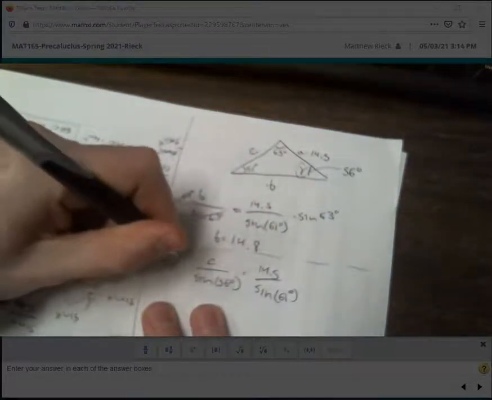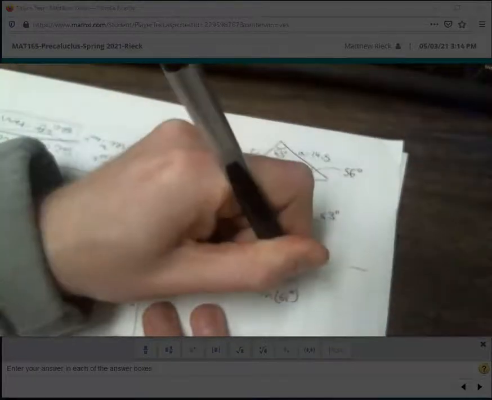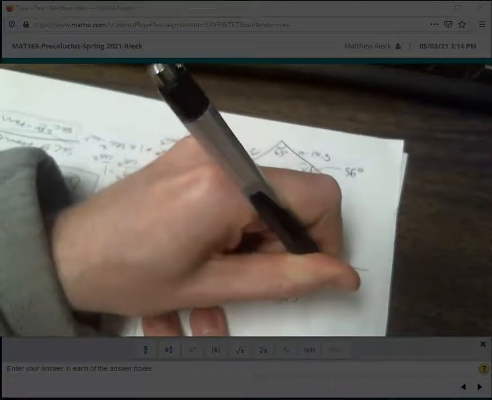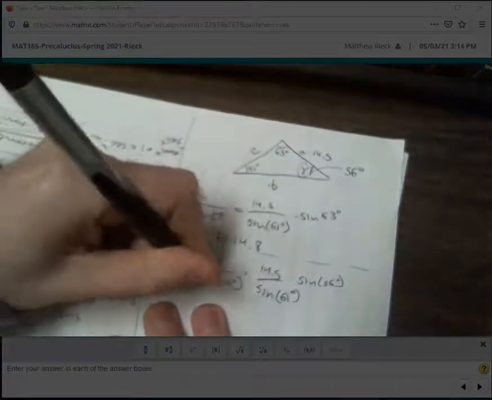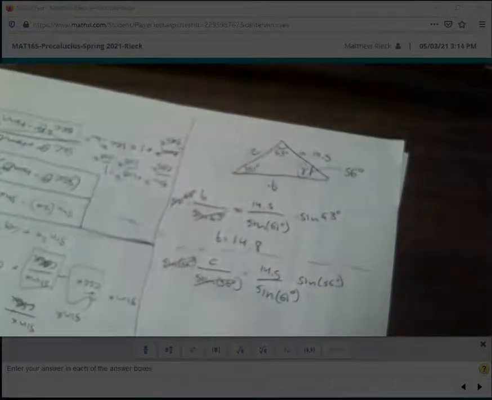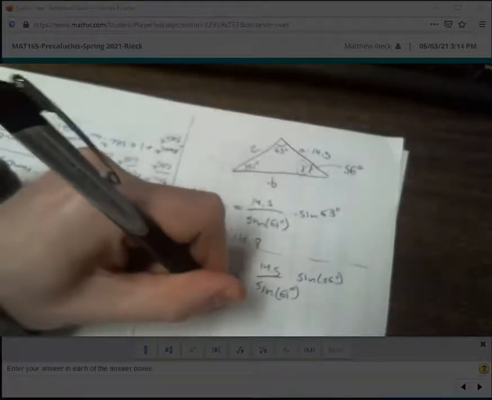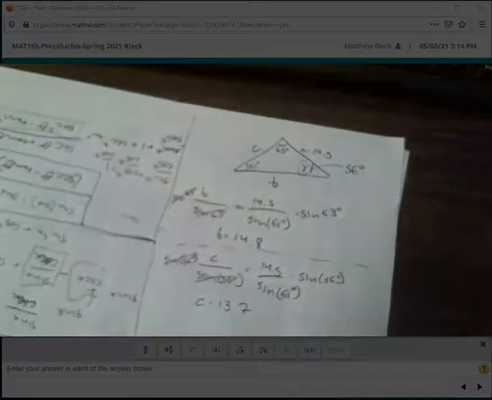So you multiply both sides by the sine of 56 degrees. 14.5 sine of 56 divided by sine of 61. And I get C equals 13.7.